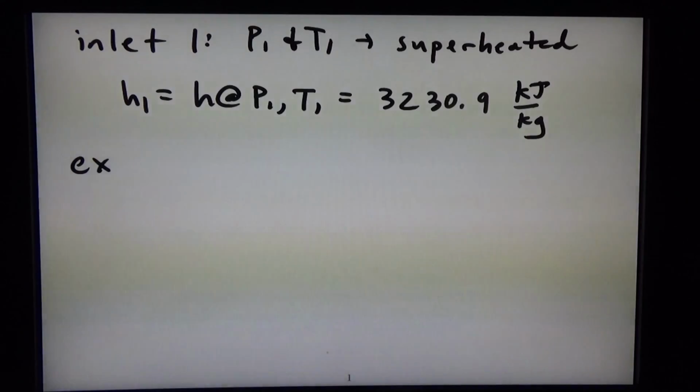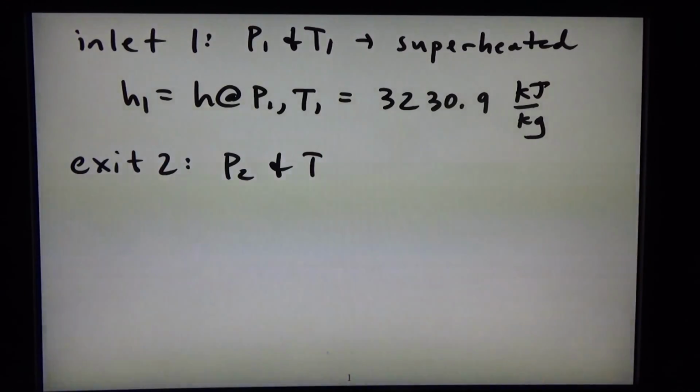For the exit 2, we have P2 and T2. So we don't know at the exit whether we have superheated still or possibly saturated mixture. So we need to compare our temperature to the saturation temperature at P2.